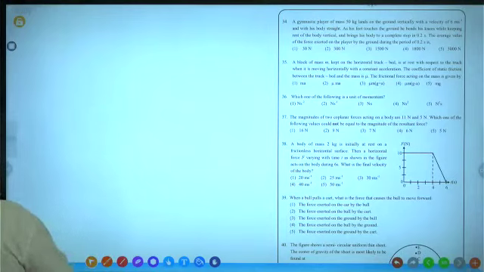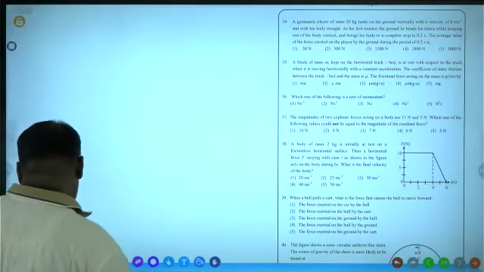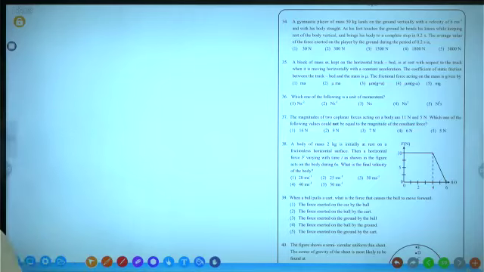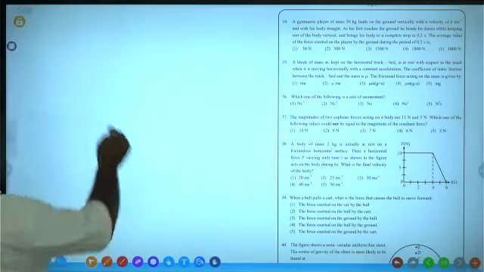With his body straight, as the feet touch the ground, he bends his knees while keeping the rest of the body vertical and brings his body to a complete stop in 0.2 seconds.